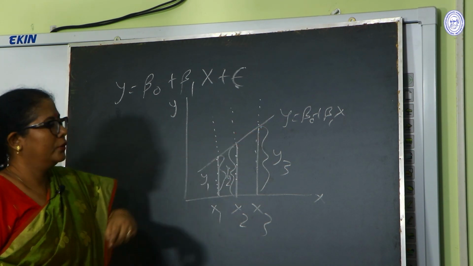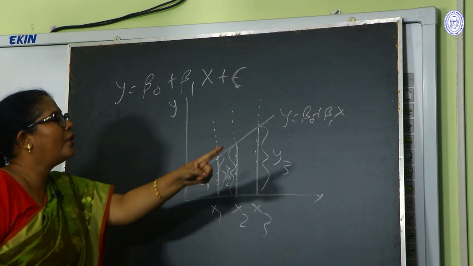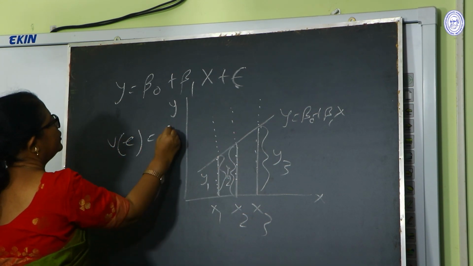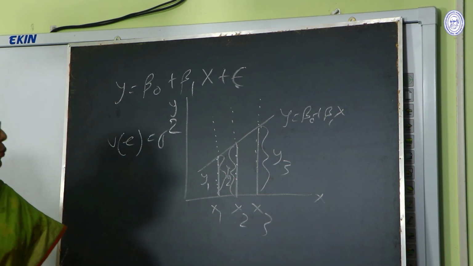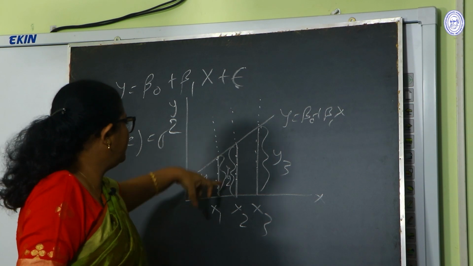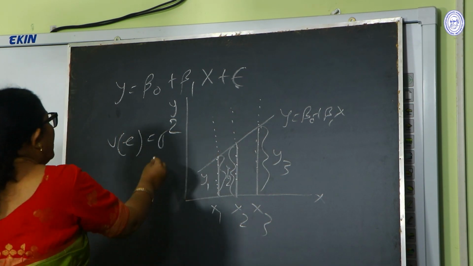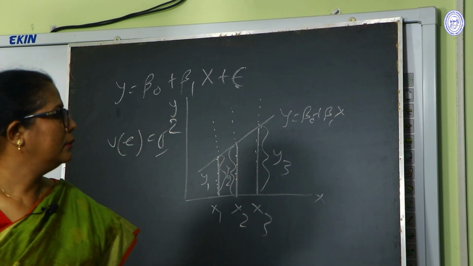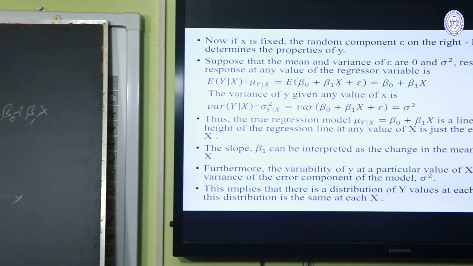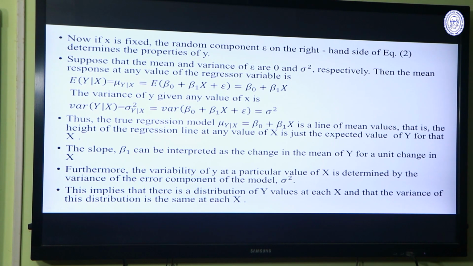This will be the same, because it depends upon the variance of the error, and since the variance of the error is considered to be a constant sigma square, the variance of each y value for a certain value of x will be the same, and that will also be sigma square. Therefore, this error variance is determining the variance of y for each value of x.